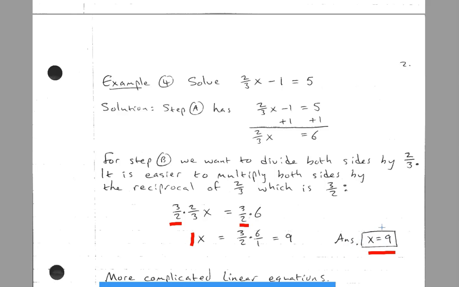And let's check that worked. So if you put in 9 for x, you have 2/3 times 9/1, that's 18/3. So that's 6. And 6 minus 1 is 5. That checks out.